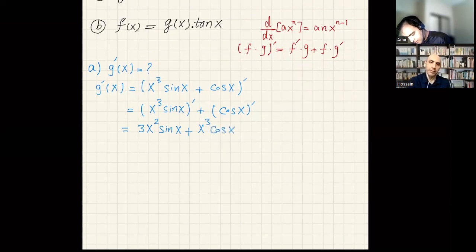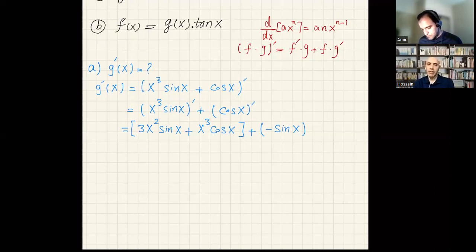Right. So that's for the first term. And the second term is plus the derivative of cosine of x, which is minus sine of x. So it's going to be minus sine of x. I believe this is the derivative of the whole function g of x. As simple as this.